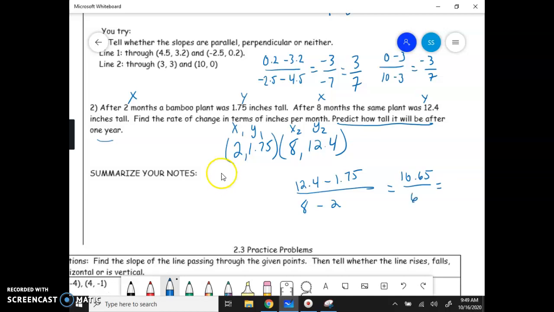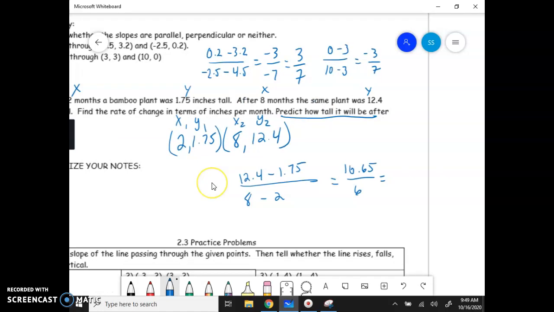We just go ahead and divide, and we get 1.775 inches per month.